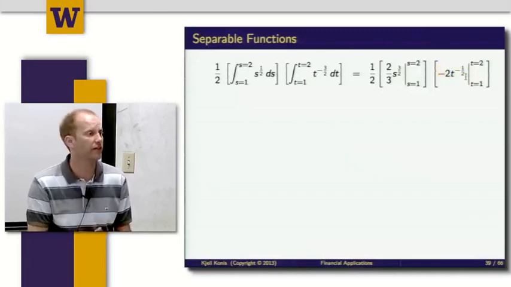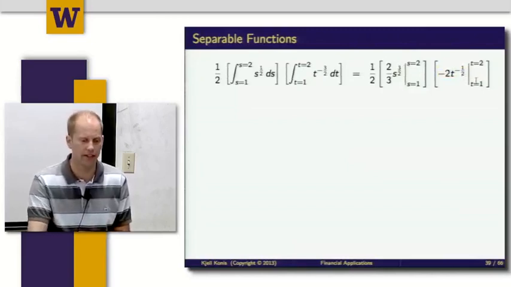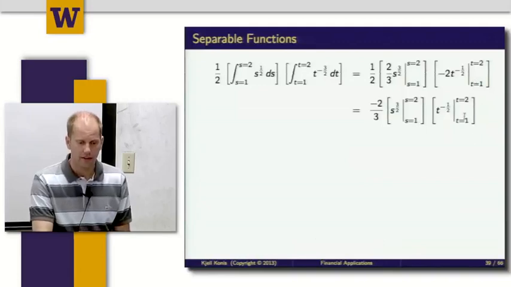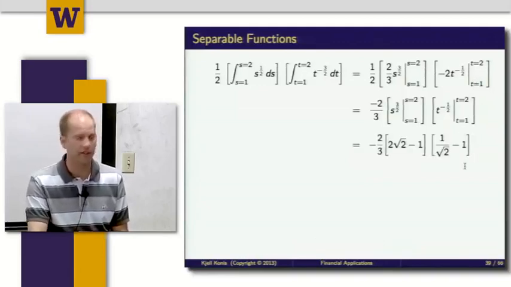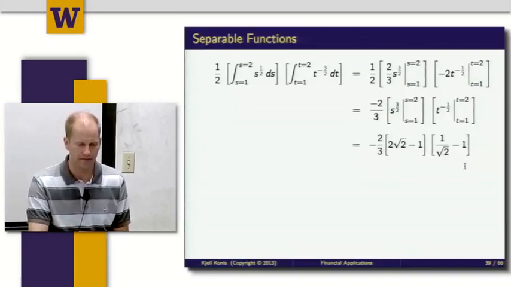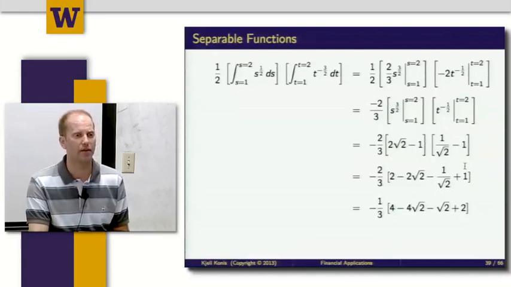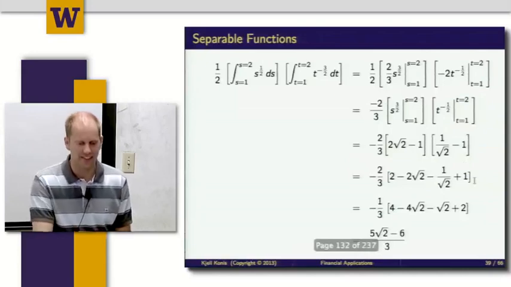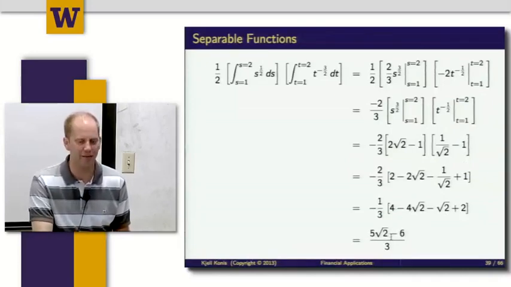So I'm just using the fundamental theorem of calculus independently now, once for this function of s and once for this function of t. And let's see. So the rest of it's just a little bit of algebra. And I don't suppose anybody remembers the thing I told you to remember on Monday. But last time it was -6 plus 5 root 2 over 3. This time it's 5 root 2 minus 6 over 3.